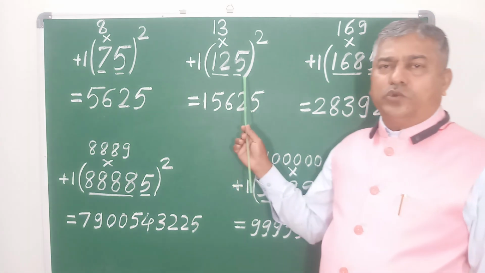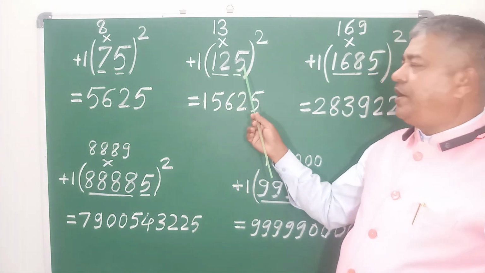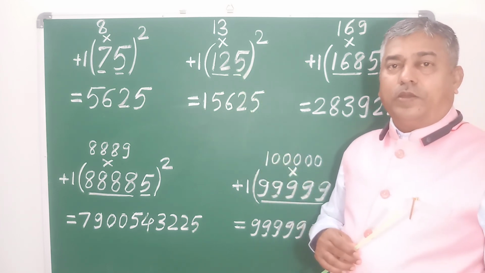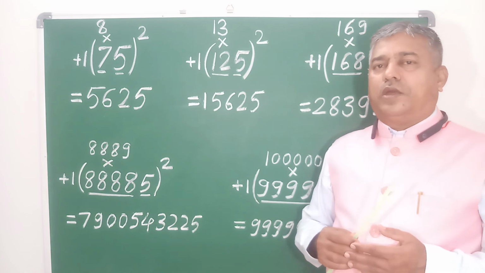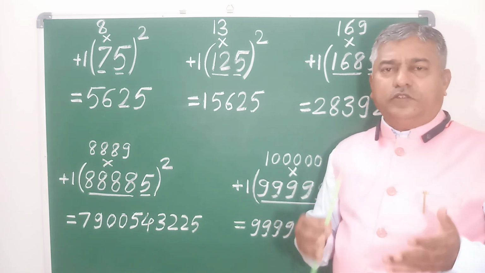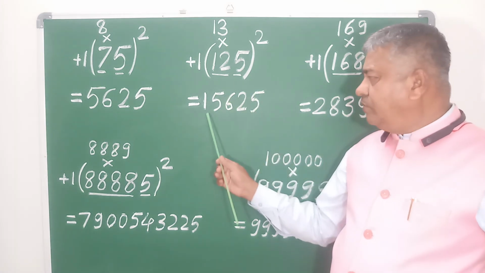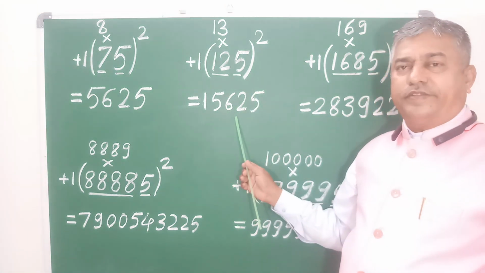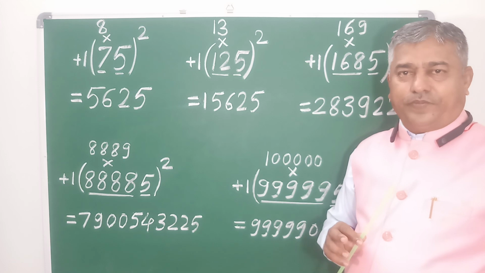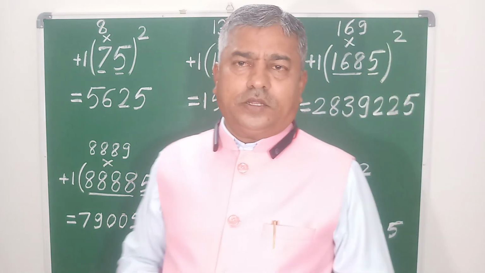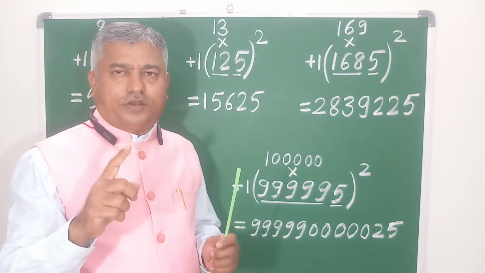And again do the square of the second, that is 5. Five squared is 25. We got the answer for the square of 125, that is 15,625.